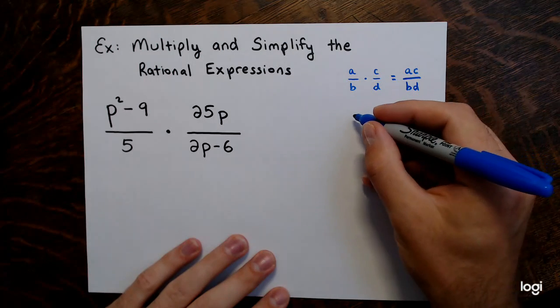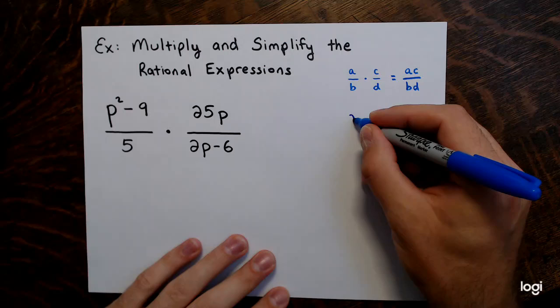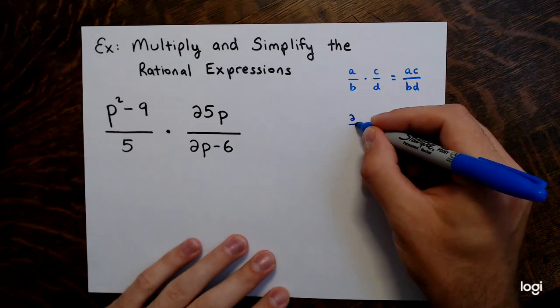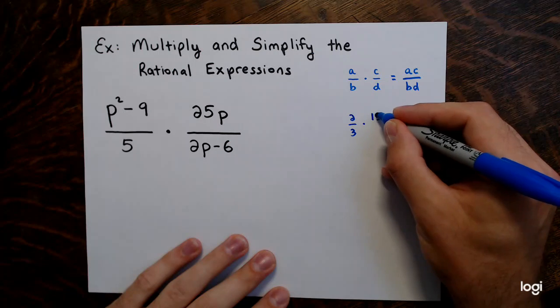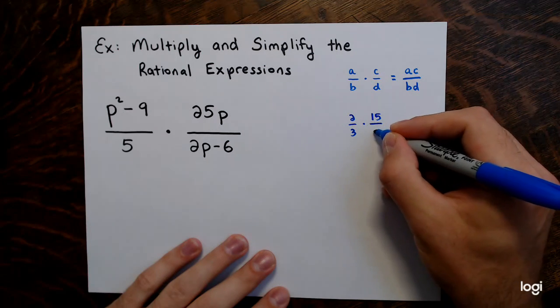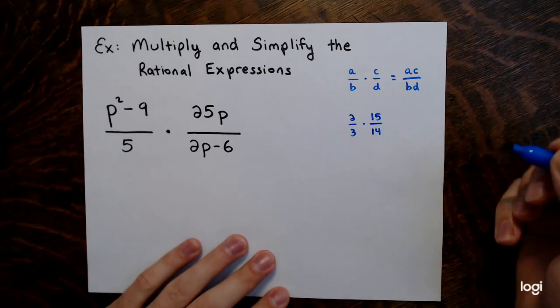So an example here would be if I had 2/3 times, let's say, 15/14.